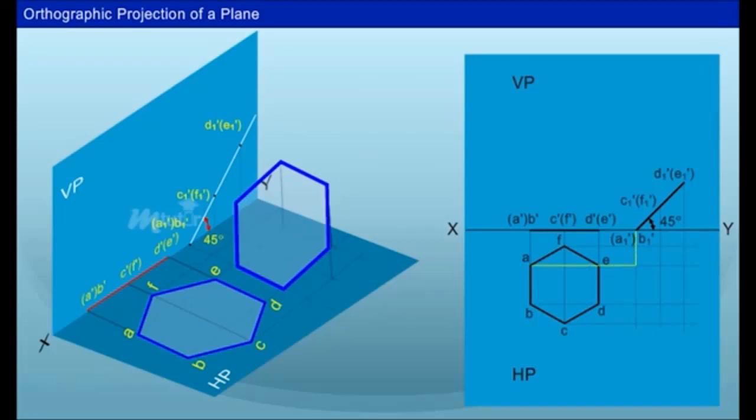The line that intersects the line A and A1 dash is given as A1. Similarly, other points are marked. Now, the points are joined, which gives the apparent, that is, inclined shape of the plane. Similarly, the orthographic projection can be drawn on the different planes.